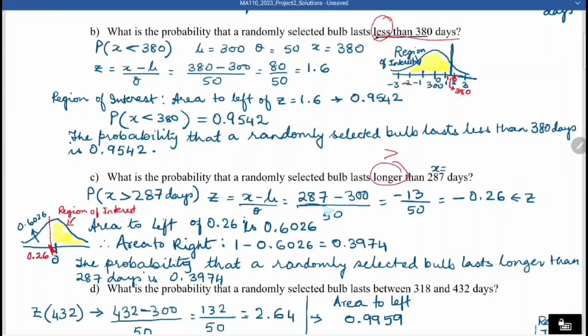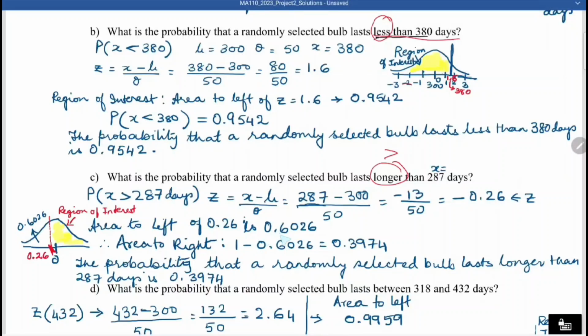Calculate your z value using the formula for z, and we get a z value of minus 0.26. So 287 minus 300 divided by 50 gives us negative 13 over 50, which is negative 0.26. We are interested in the area to the right, but you first have to find the area to the left and then subtract it from 1.